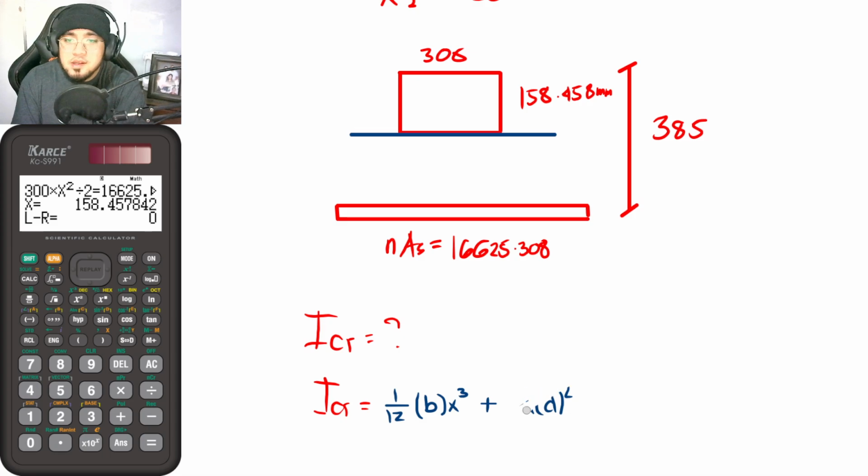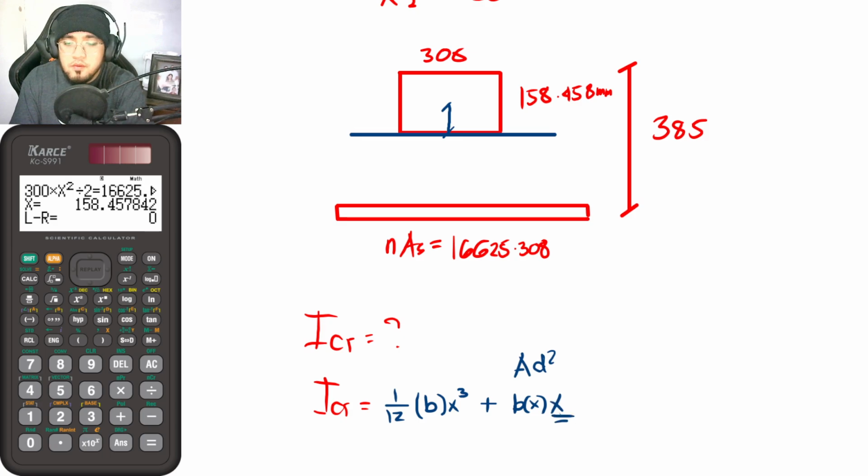So from that, the area is B times x, and the distance from this point to this point is basically x over 2.